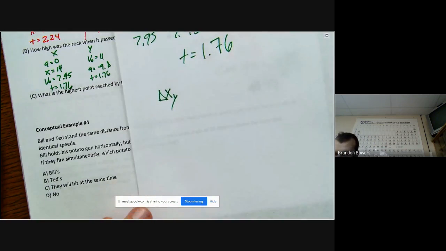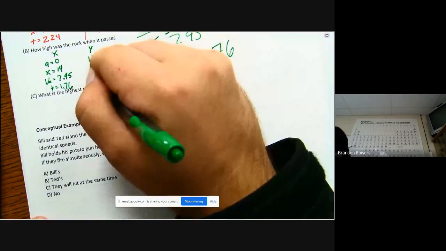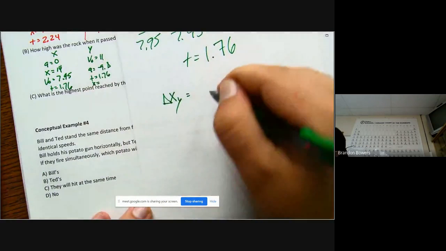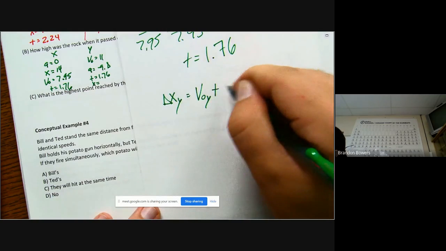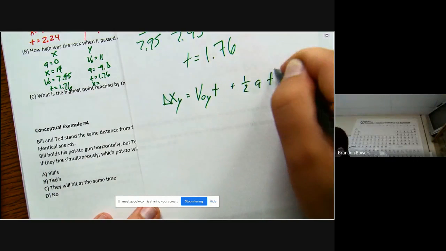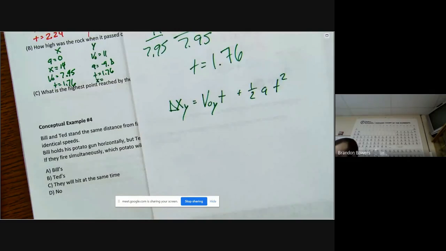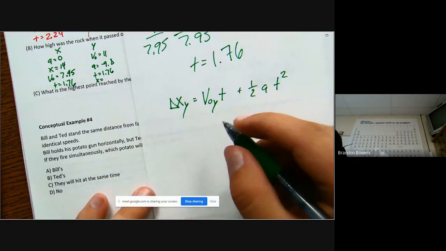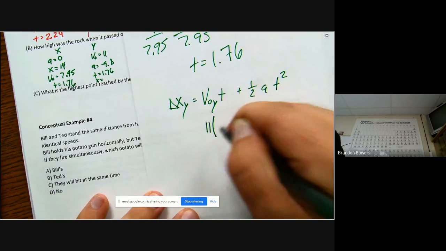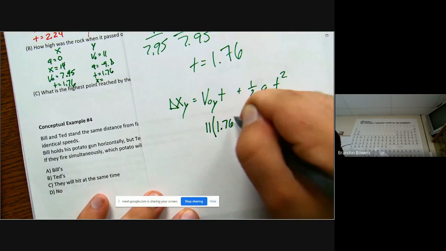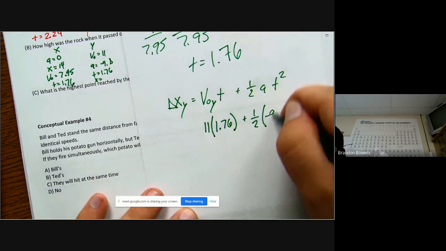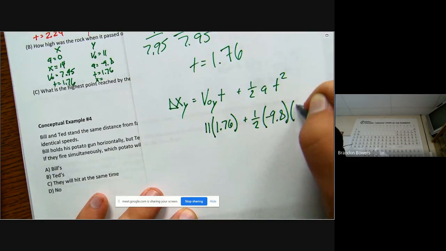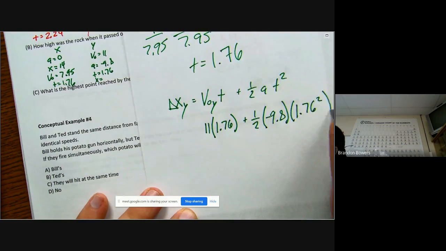I know my initial velocity in the y direction is 11, and time is 1.76, plus half the acceleration in the y direction times time squared.